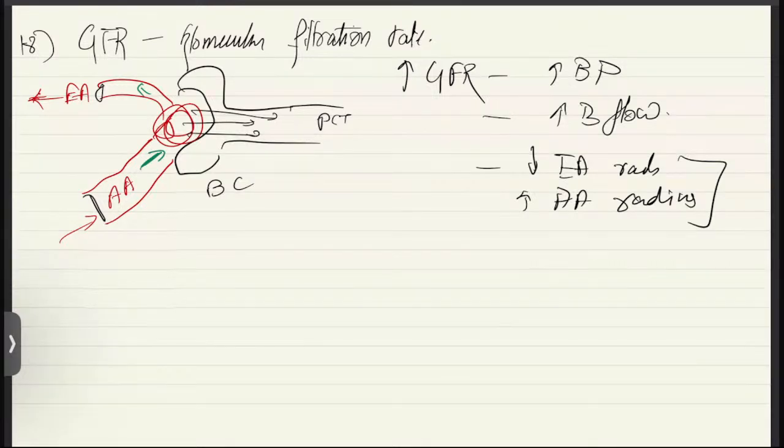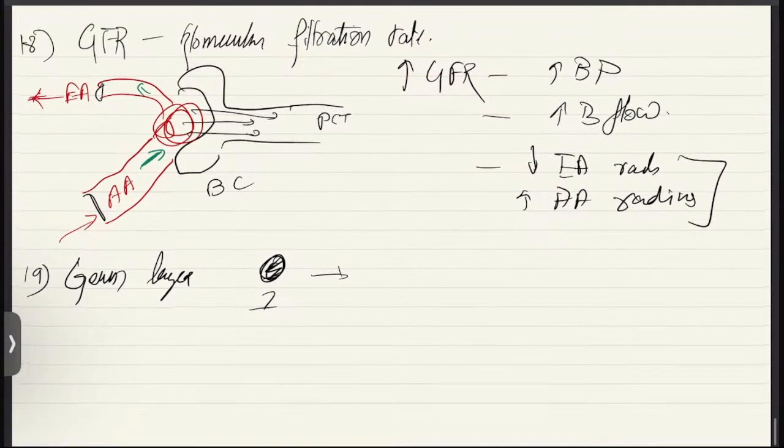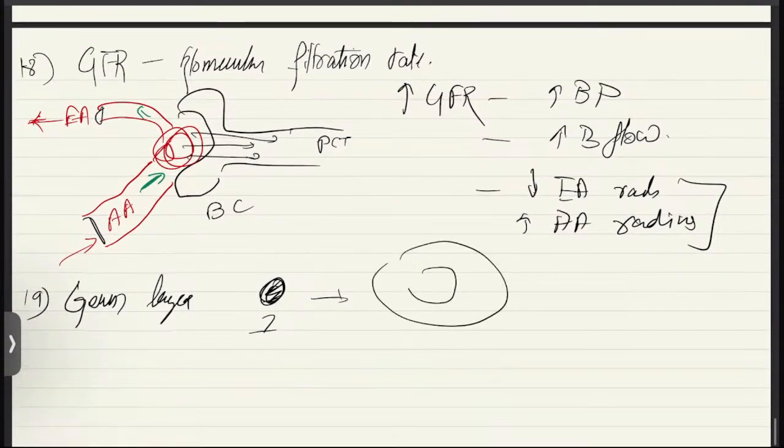Next, 19 is what is a germ layer? Now, this is a plant diversity question. When a zygote is formed, it will form tissues. These tissues before getting formed will be arranged in clusters of cells. This is the cluster of cells.